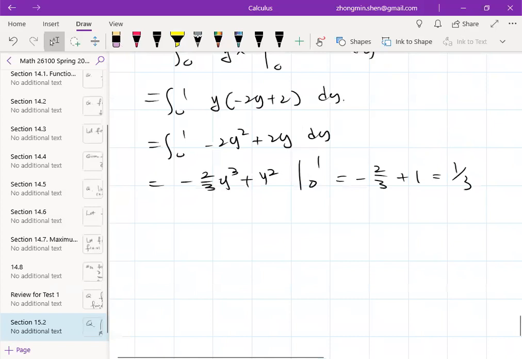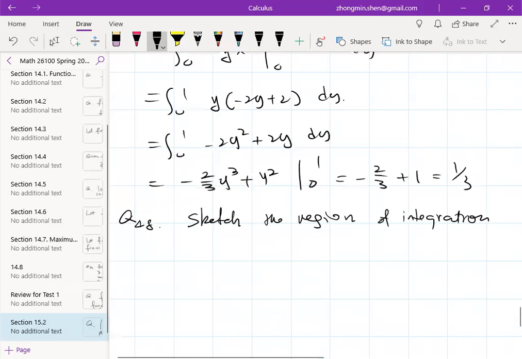There are a certain number of problems here that ask you to sketch the region of integration and change the order of integration. This is problem number 48: sketch the region of integration and change the order of integration.